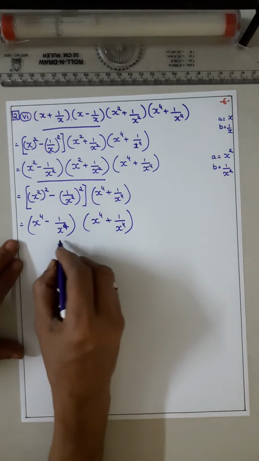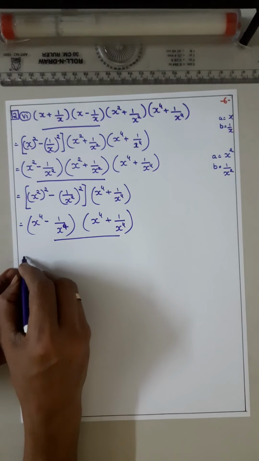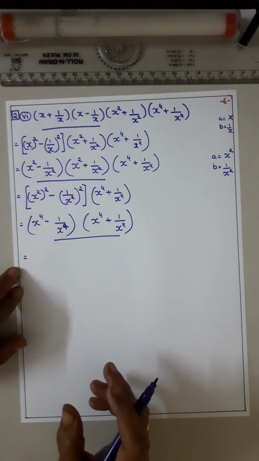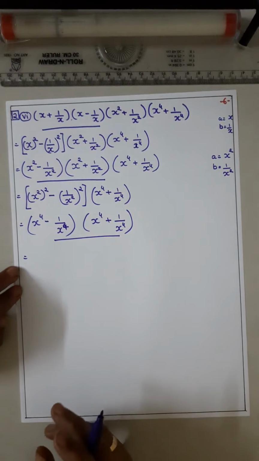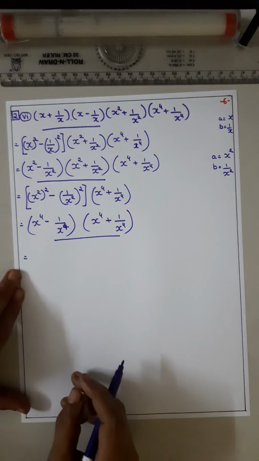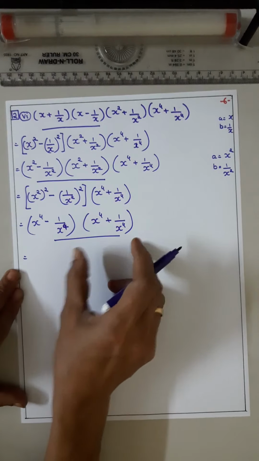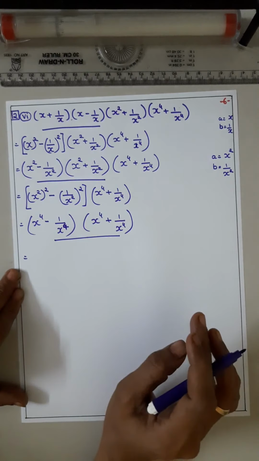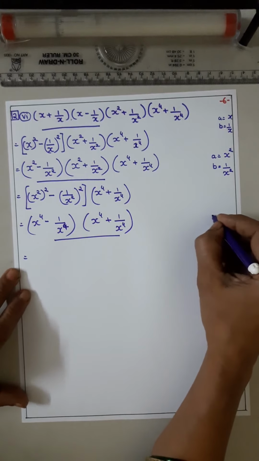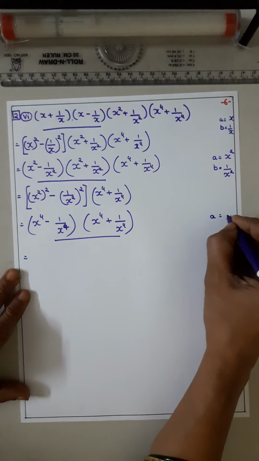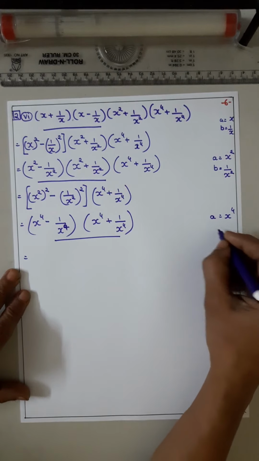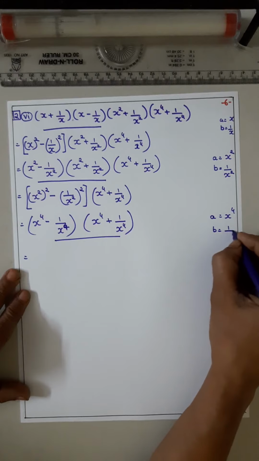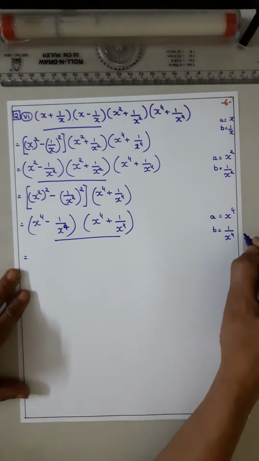Now again it is the same. Underline. Whatever you multiply, you have to underline it. So again the same, terms are same with different signs. So now here a is equal to x to the power 4 and b is equal to 1 by x to the power 4.